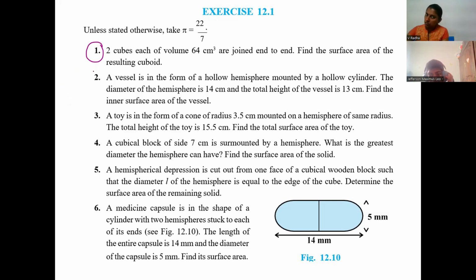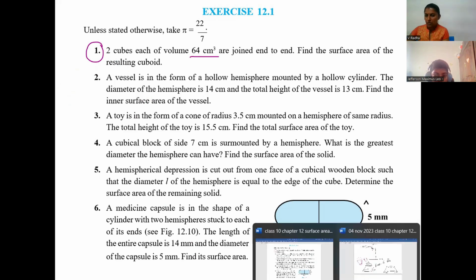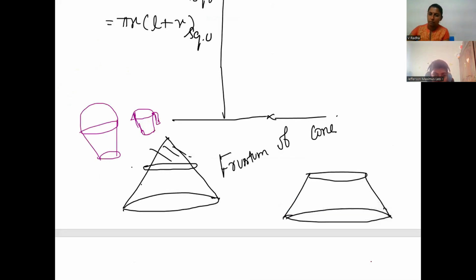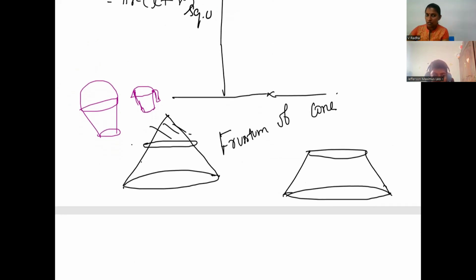Okay, ma'am. Can you understand the question clearly? Yes, ma'am. Two cubes, each of volume 64 centimeter cube, are joined end to end. Find the surface area of the resulting cuboid. If you have an idea, I would like you to share it at the beginning, and then I will teach. Initially, ma'am, we will add the TSA of the two cubes.